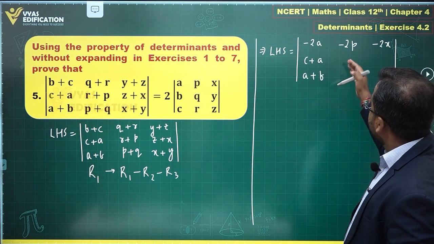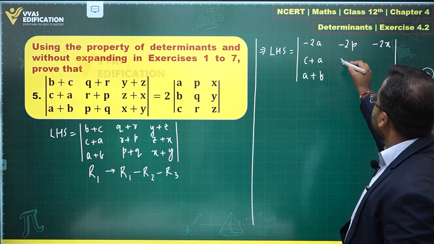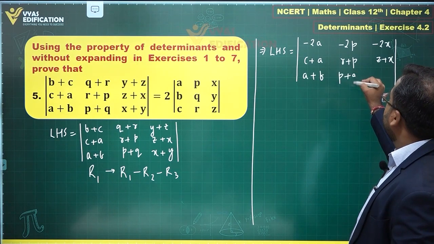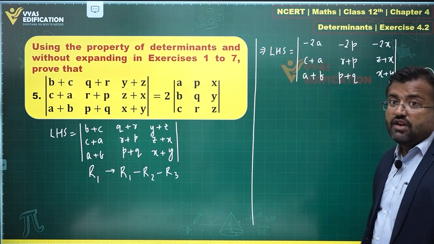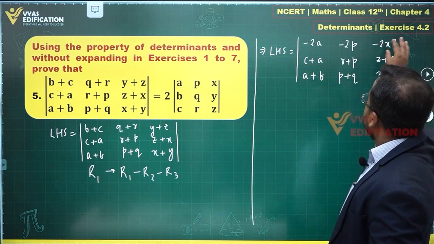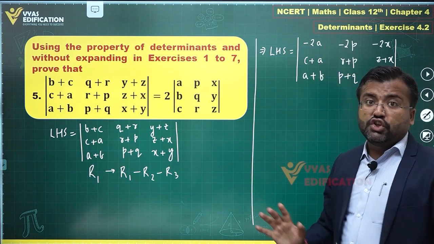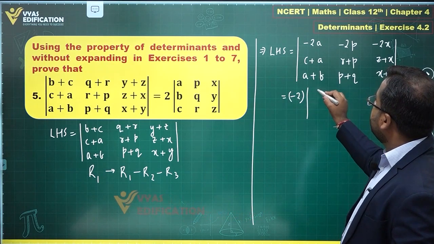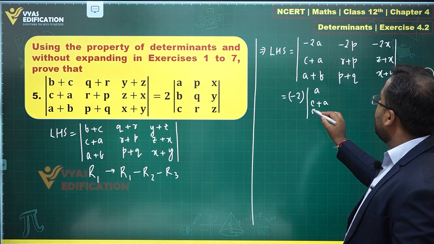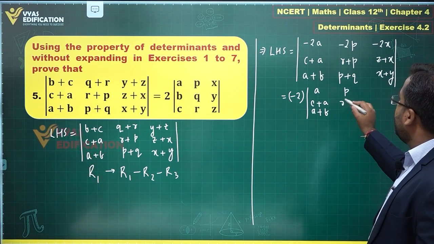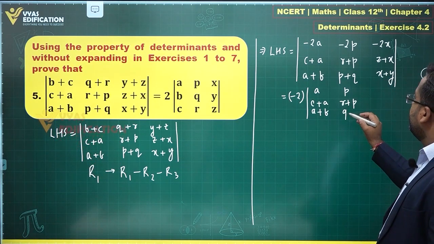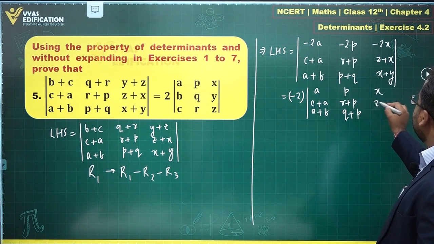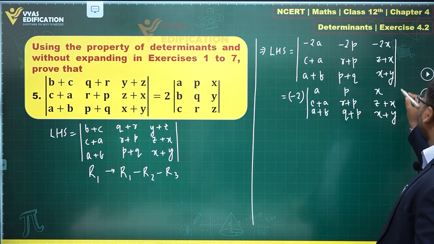What else? The second row remains as it is, r plus p, z plus x, and p plus q, x plus y. Do you observe that you can take a minus 2 common from this row altogether? Yes, I can do that. Let's take a minus 2 common from this row, and this is a, c plus a plus b, this is p, r plus p, q plus p, and then you have x, z plus x, and x plus y over here.